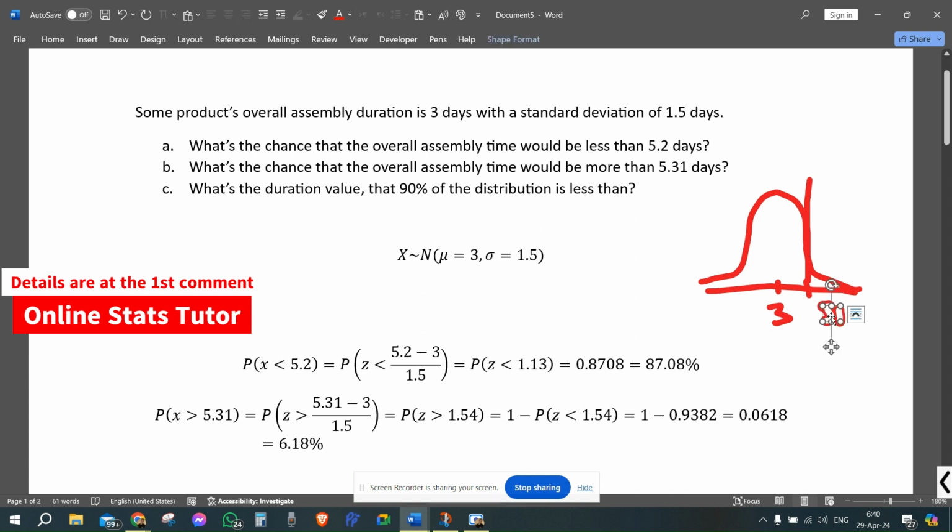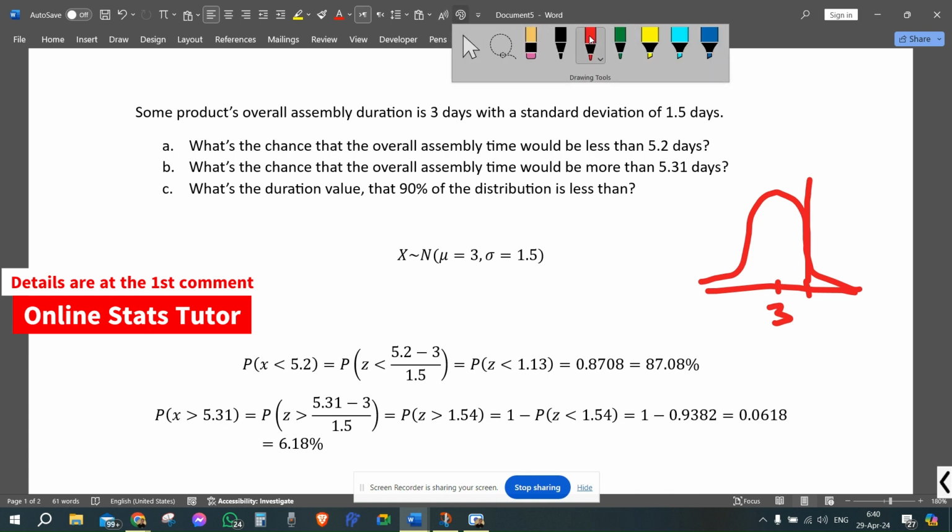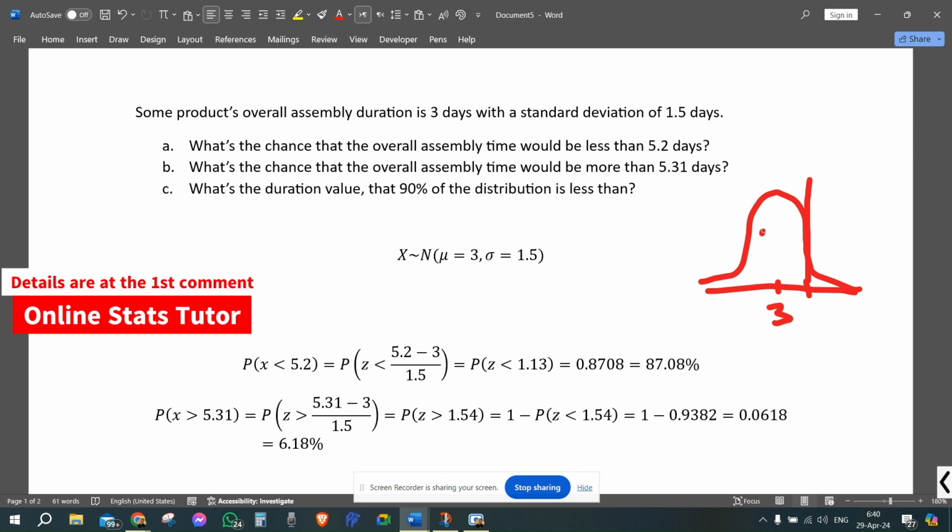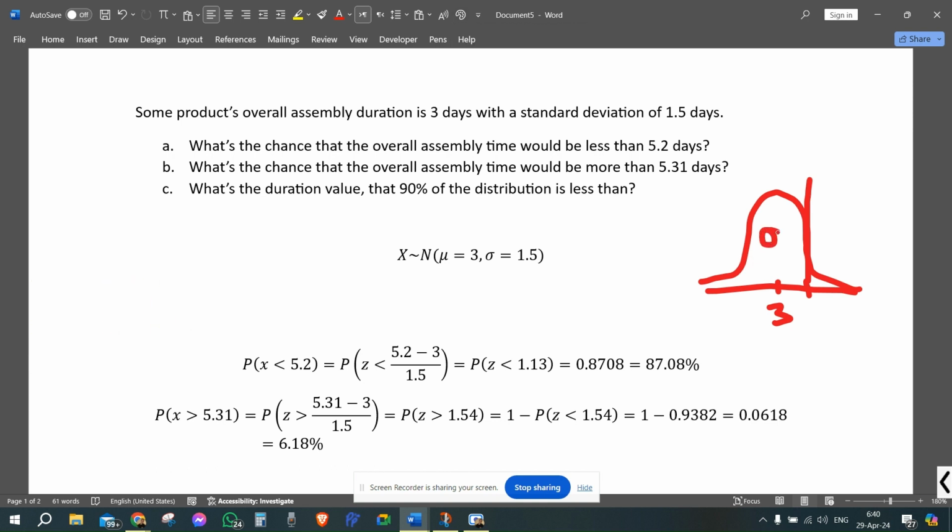Effectively we're looking for this to be 90%, and here we're expecting 10%. And effectively what we need to do is find the relevant z-score for 90%. And from that, we need to extract the relevant x value that'll fit these 90%. So we need to go a bit backward, a bit differently than what we just did.